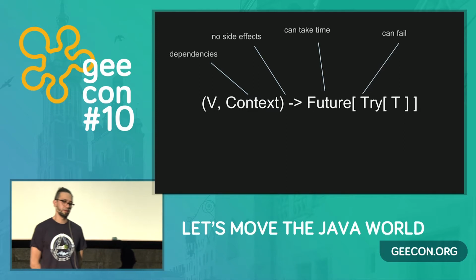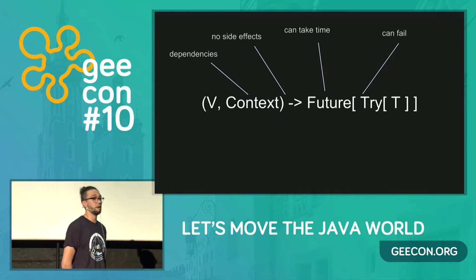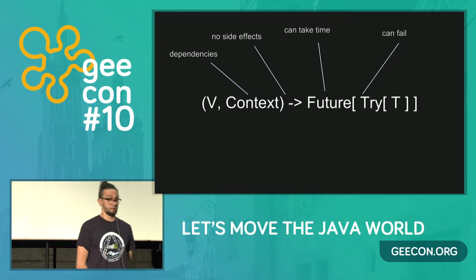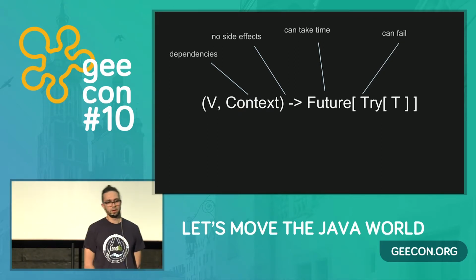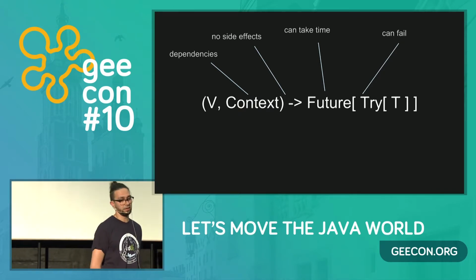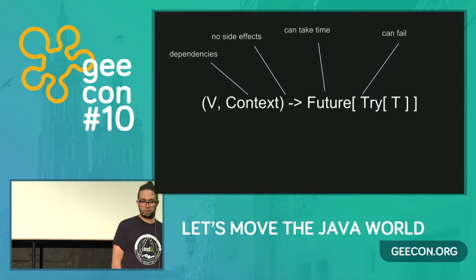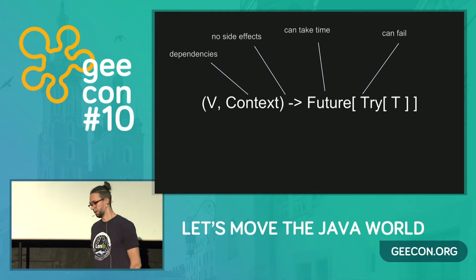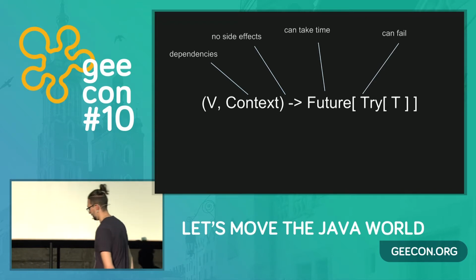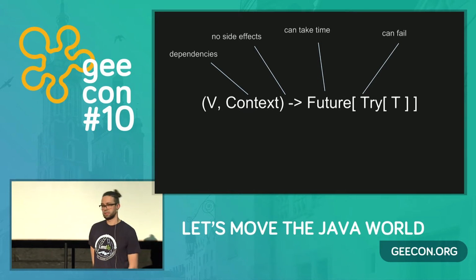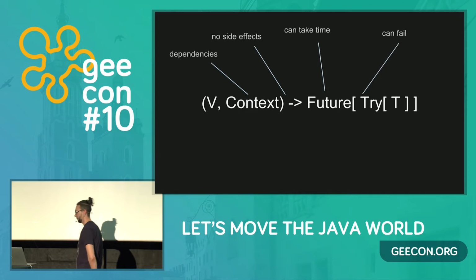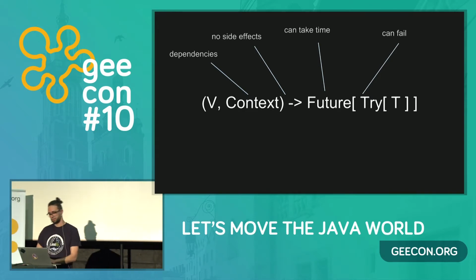The future type says it can take time. You need to be able to wait. The try construct says this can fail. You have to be ready for that. And also, it not only accepts the input parameter, but it also accepts the context, which represents all the dependencies that this particular function may need.